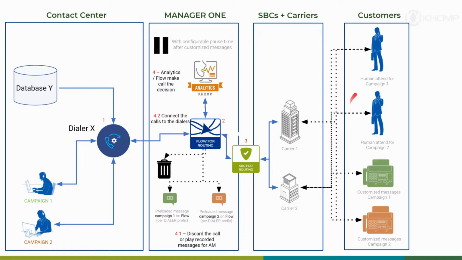If the customer is a human, a desirable attendant, it will be answered, and the flow will have the metrics from the analytics to decide: okay, this call has to be connected to the dialer. If it's a desirable attendant, the flow will forward this call.